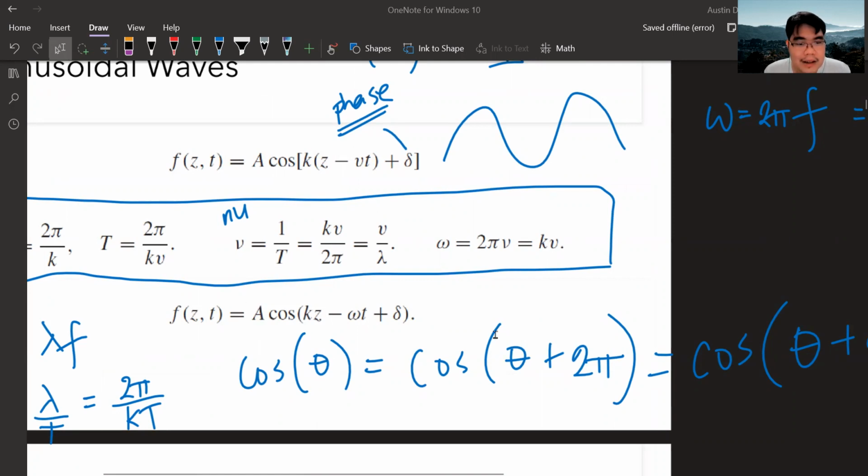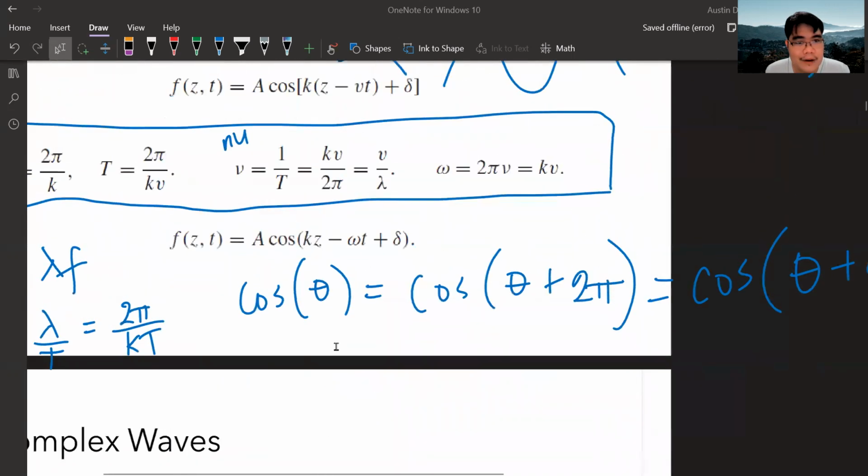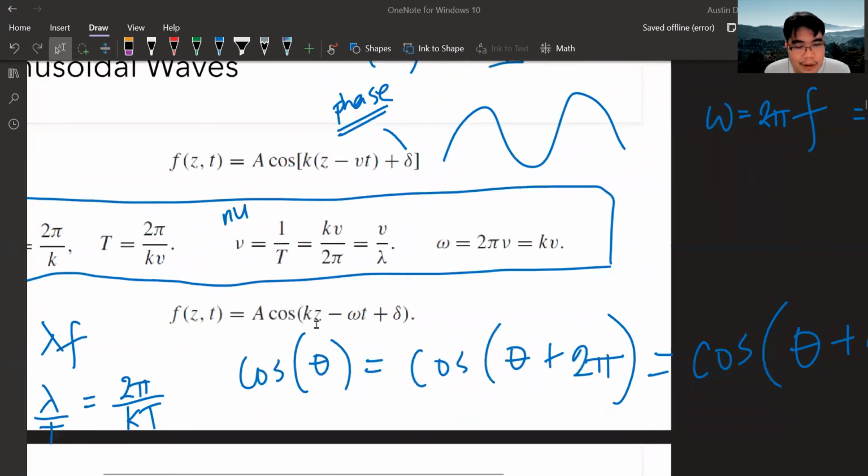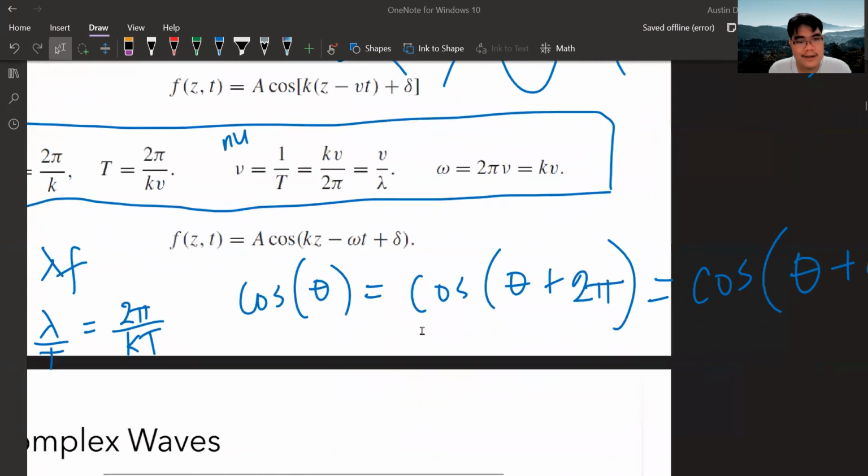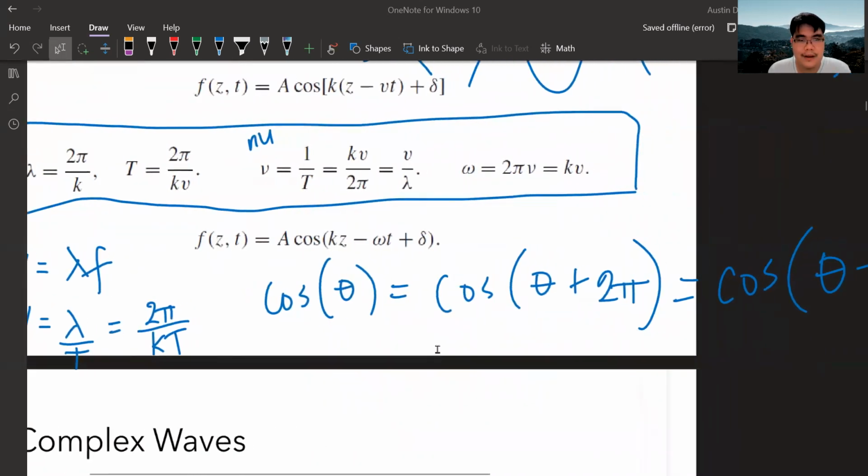Okay? Ito na yung equation mo for your wave. Yung unang term would determine kung saan papunta yung wave mo. So, positive kz dapat papunta yan to the right and negative kz would be to the left.